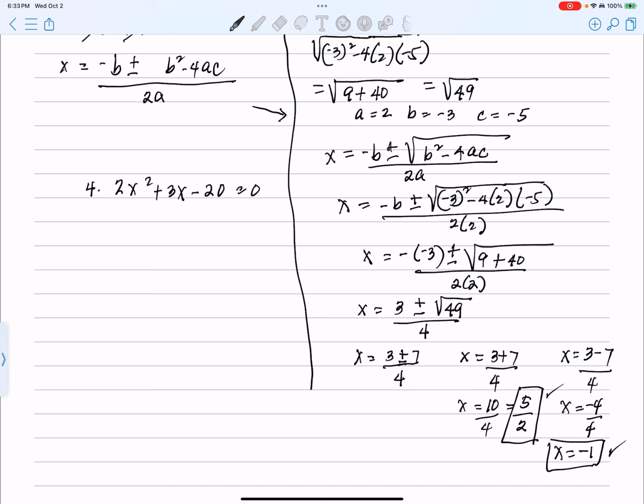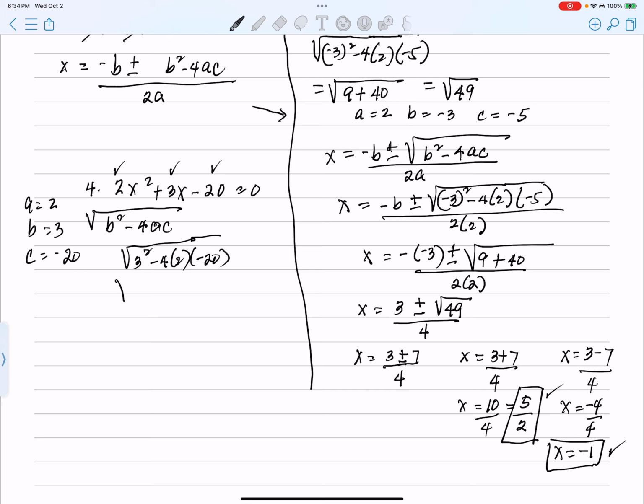Let's check if we can do this by factoring or by the quadratic formula. a is 2, b is 3, c is negative 20, right there. So b squared minus 4ac: b is 3 squared, minus 4 times 2 times negative 20.